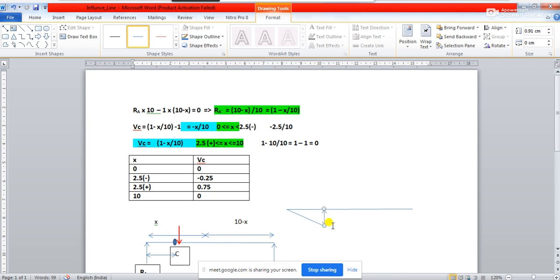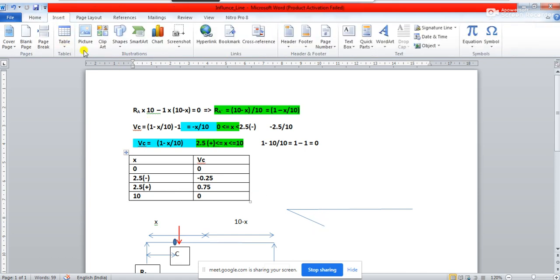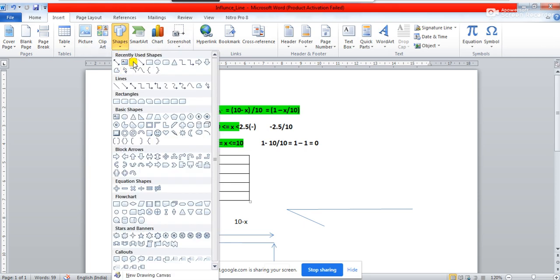Minus 2.5 or minus 0.25? 0.25. Yes, yes. So this value is going to be minus 0.25. Everyone is clear? Okay.